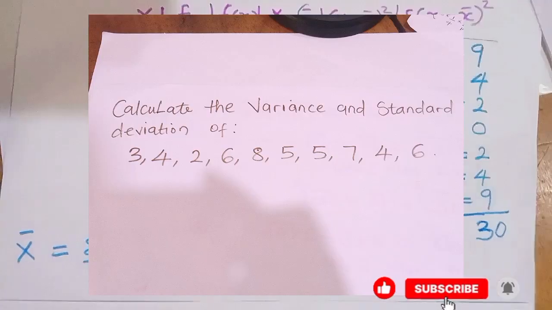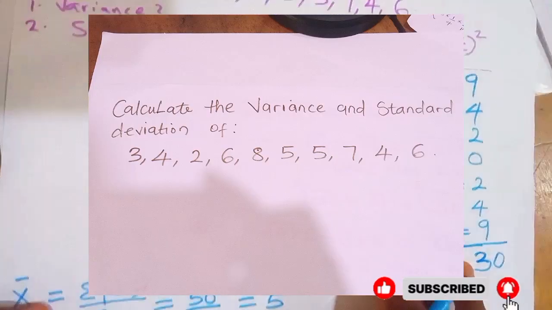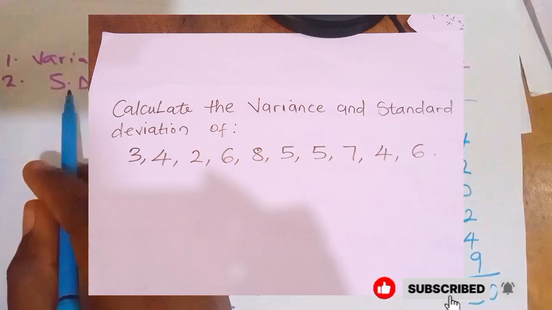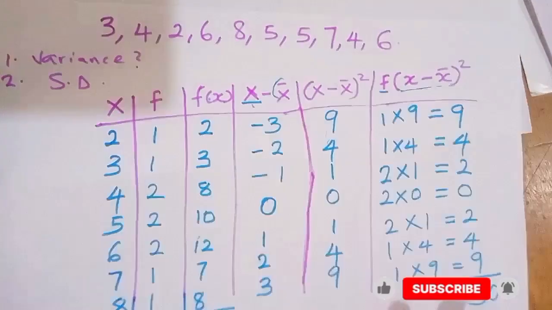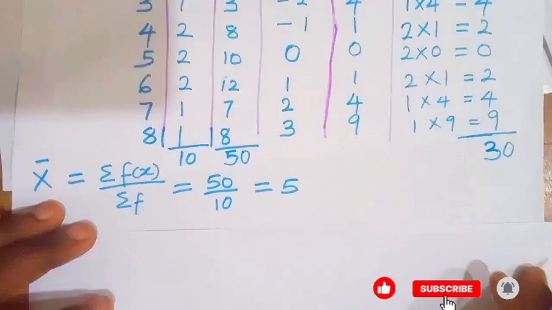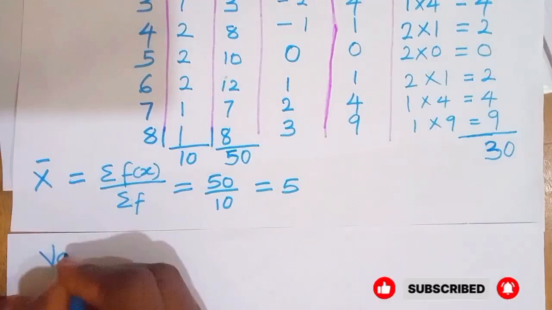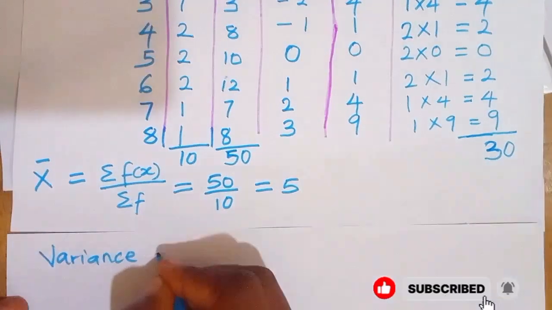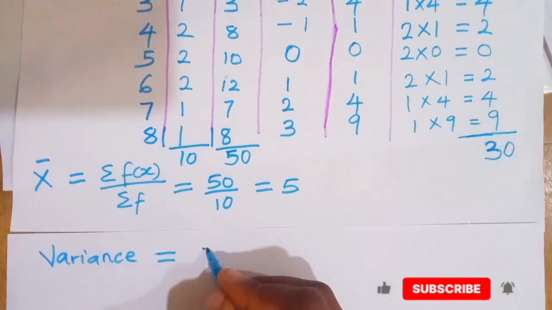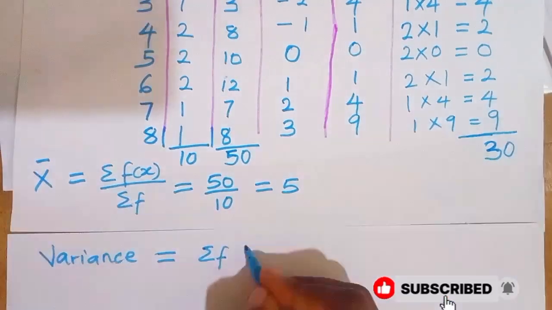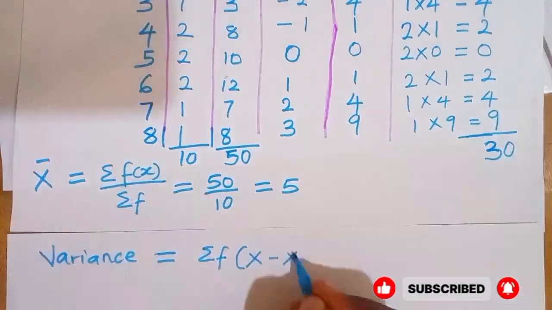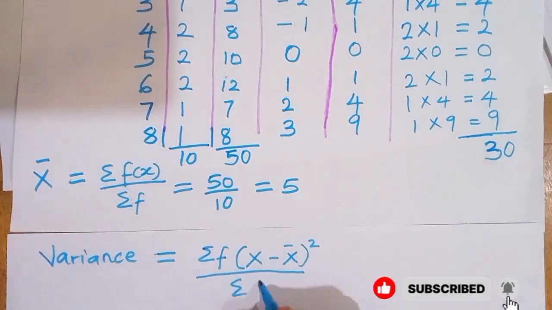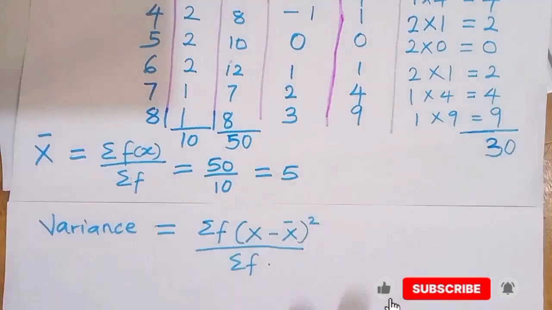Now let's go back to the question. The question is, find the variance and the standard deviation. Now let's write down the formula for variance. Variance is equal to, this is the formula for variance.